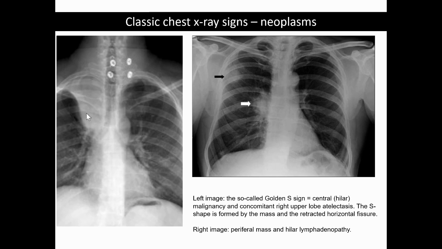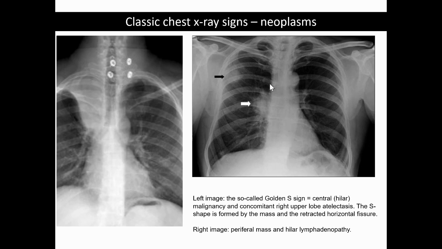That's what you see above the mass, which is this white area over here. And if you are only focusing on the edge of the atelectatic right upper lobe and the edge of the mass, then this will give this reverse S or golden S sign as it is known in radiology.